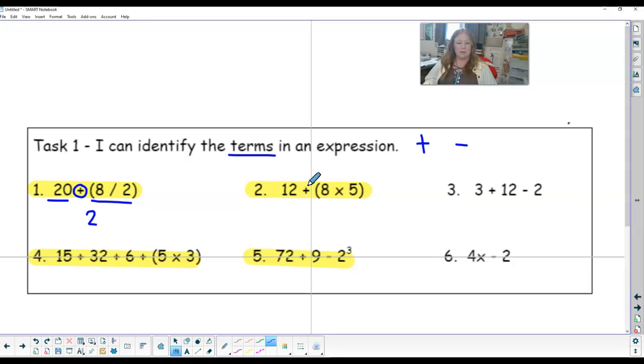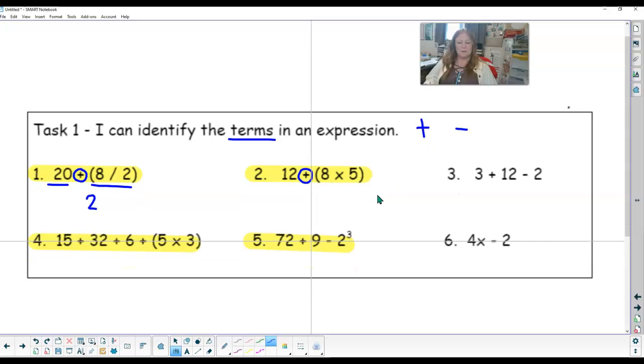So looking here, we have 12 plus 8 times 5. We have 12, and 8 times 5 is that group. And so we have two terms. We're looking for the adding and subtracting signs. Everything in between them is a group stuck together.